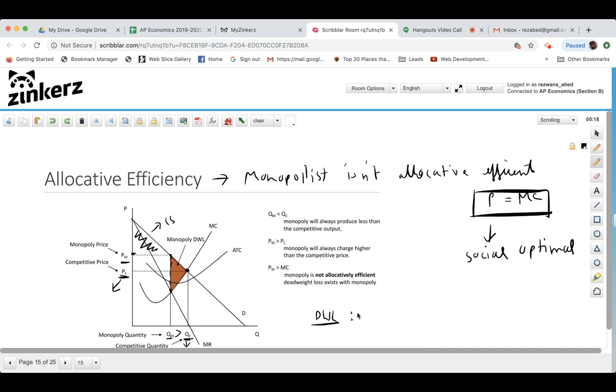That's not good for society, because consumer surplus, remember, is the difference between willingness to pay minus what you have to pay, the price. So this difference is a lot smaller.